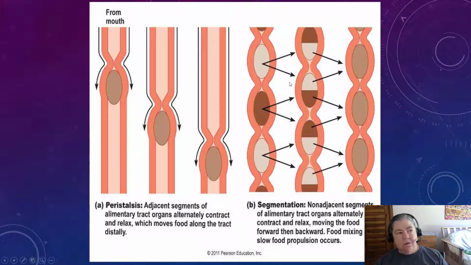And here we have mixing contractions where the mechanoreceptors detecting stretch cause interval contractions of smooth muscle, which then change from place to place, which is mixing the food and slowly propelling the food, although there is a combination of these two kinds of movement.